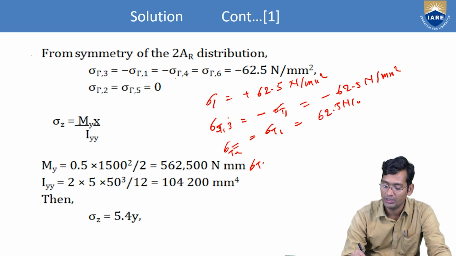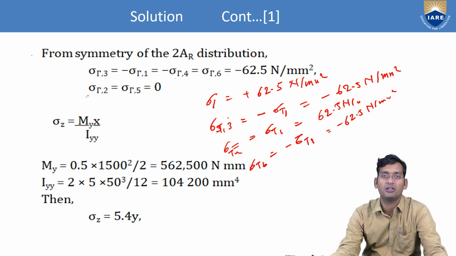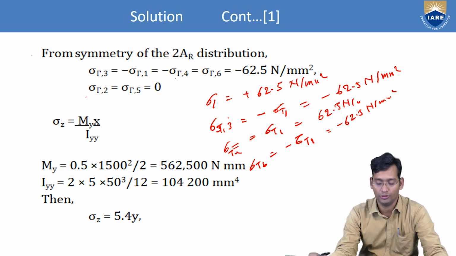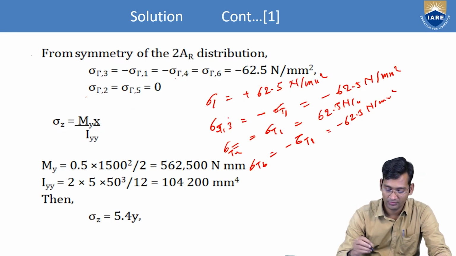And sigma tau 6 is minus sigma tau 1, that is minus 62.5 Newton per mm square. This is from the symmetry. And sigma tau 2 and sigma tau 5 will be equal to 0.